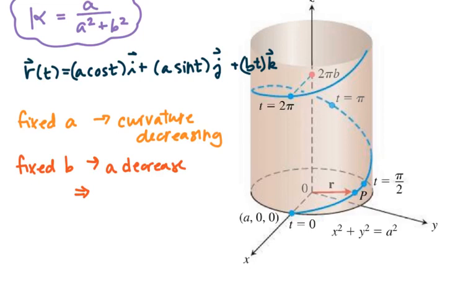That would eventually decrease the curvature because we would end up with a small number here divided by a larger b. So that would also be a situation where the curvature eventually decreases.